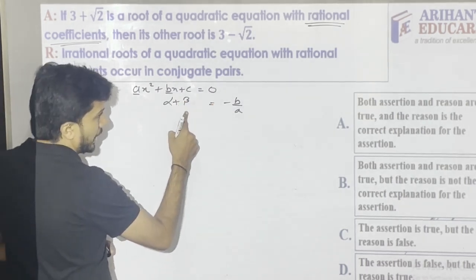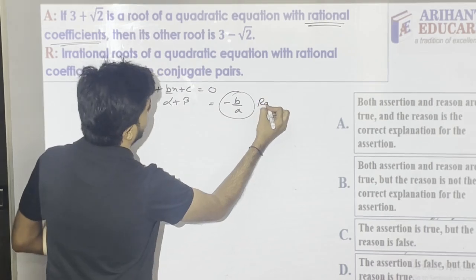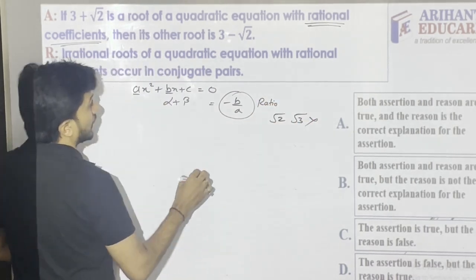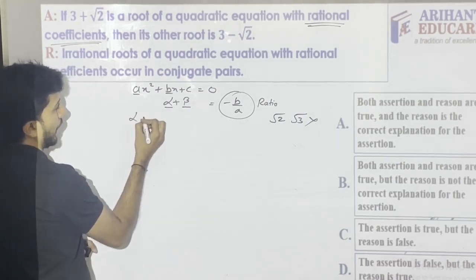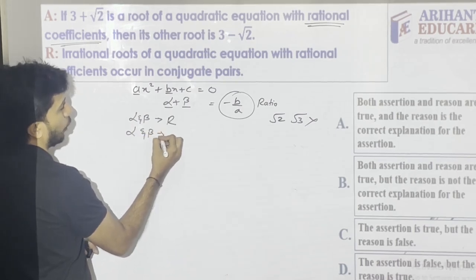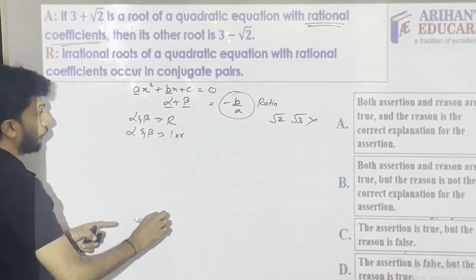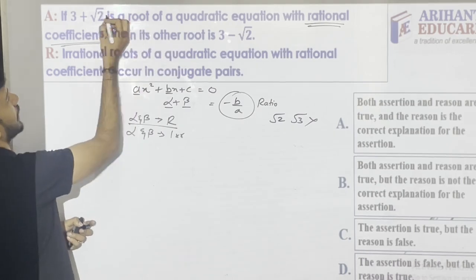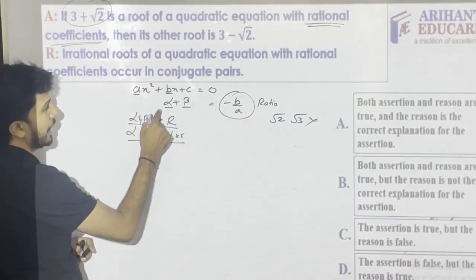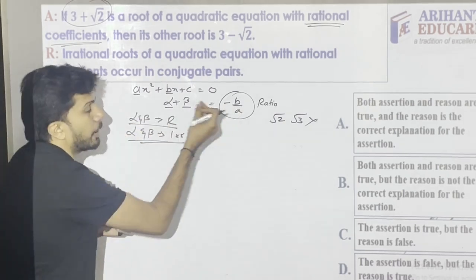If alpha plus beta is a proper rational value with no under root 2 or under root 3 in it, then either alpha and beta are both rational, or both irrational. If both are rational, that is not the case because they have said one root is irrational. So both have to be irrational. Only then can irrational plus irrational produce a rational.